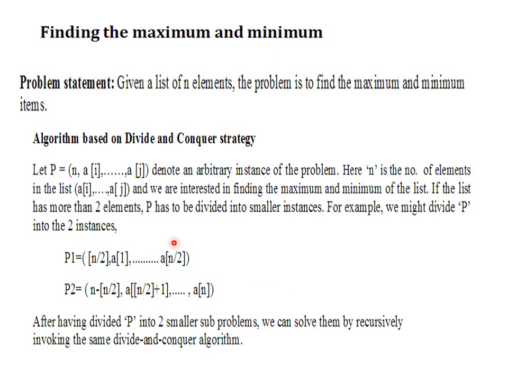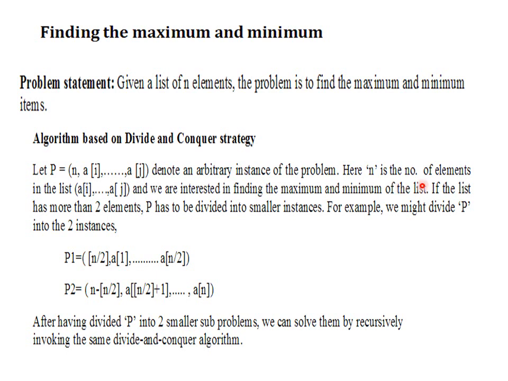See the problem statement in the first slide: given a list of n elements, the problem is to find the maximum and minimum items. So based on the divide and conquer approach, how does it work? Let P equal n comma a of i to a of j denote an arbitrary instance of the problem.